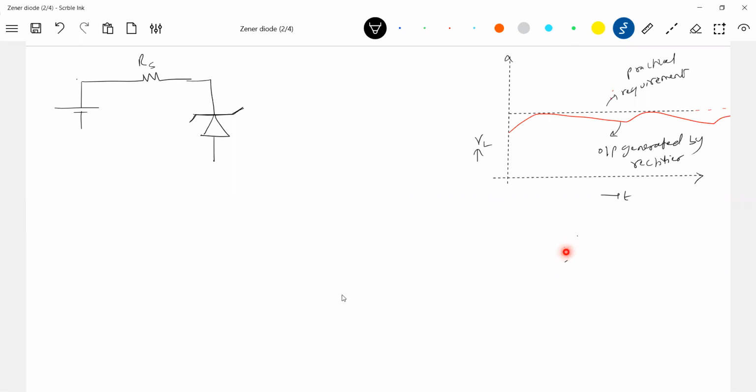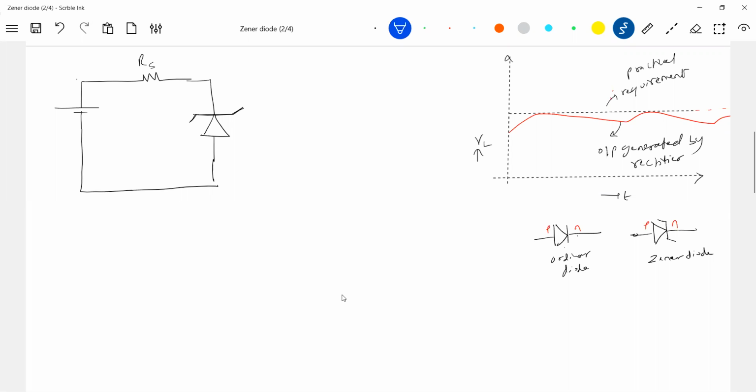The Zener diode symbol is again the same thing. This is P type, this is N type. Whenever you see that Z symbol, it's a Zener diode, and I'll operate it in reverse bias only. So the N type will be connected to the positive terminal.